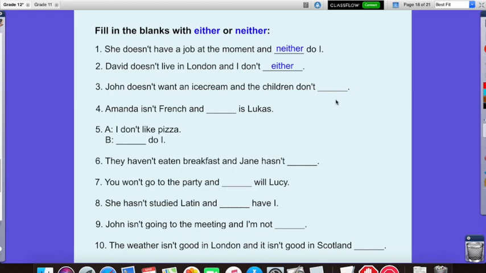The answer, John doesn't want an ice cream and the children don't either. Number 4. The correct answer is, Amanda isn't French and neither is Lucas.